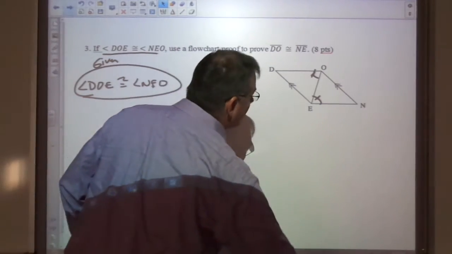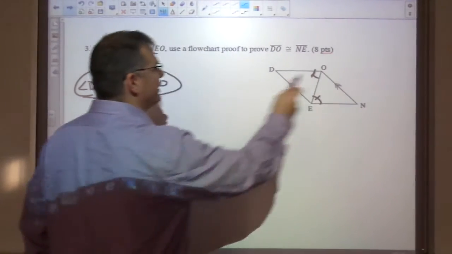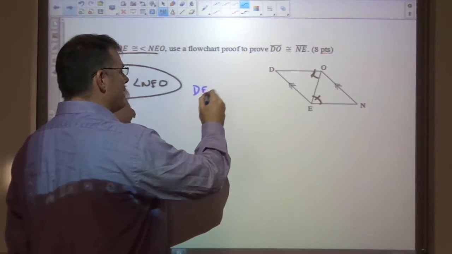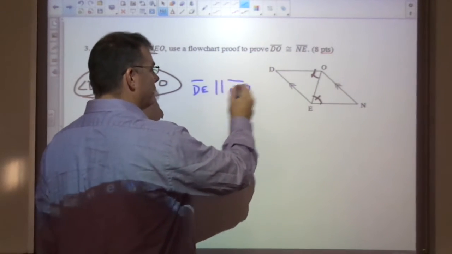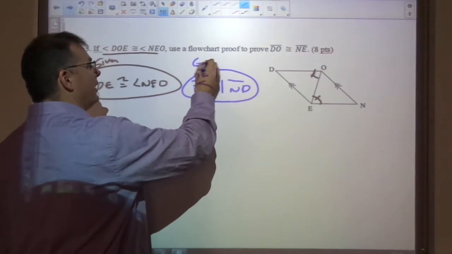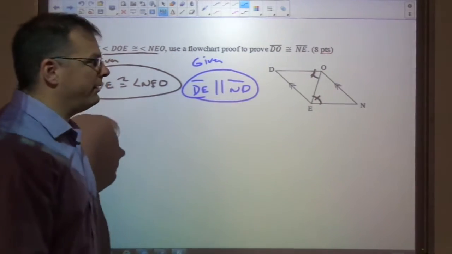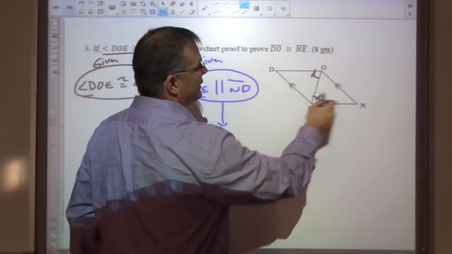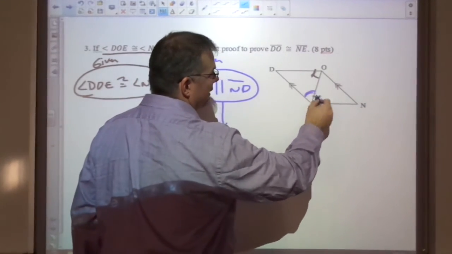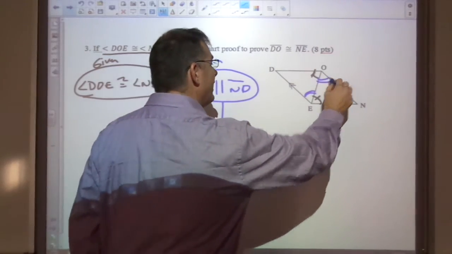Now my other fact that I see is that we have parallel lines here. DE is parallel to NO. Those are not congruent, they are parallel. But if they're parallel, then I can figure some stuff out. If we have parallel lines cut by a transversal, then this angle is alternate interiors with that angle.